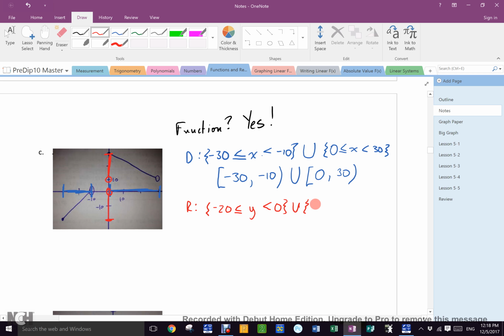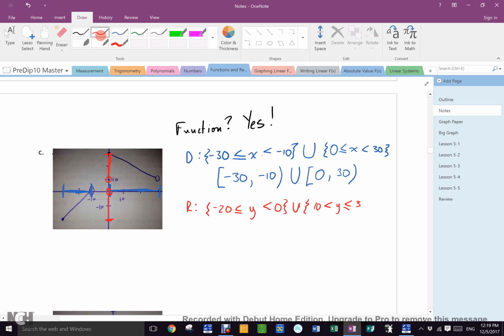So how do I write it? 10 less than y, and y is what to 30? Y is greater than 30? Less than or equal to 30.